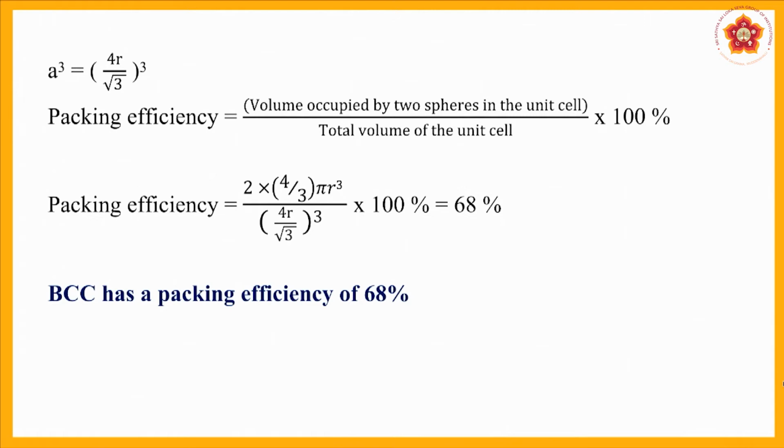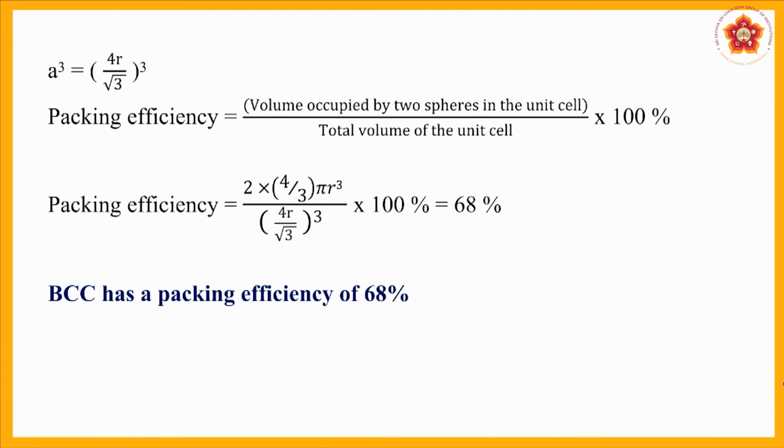So here the same formula, that is packing efficiency is equal to volume occupied by 2 spheres in the unit cell divided by total volume of the unit cell into 100. So packing efficiency is equal to volume occupied by 2 spheres in the unit cell, that is 2 into 4 by 3 pi r cube divided by the total volume of the unit cell, that is A cube value. You have to put the A cube value here, that is 4R divided by root 3 whole cube into 100.